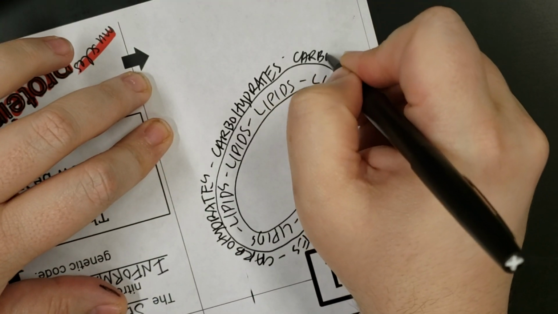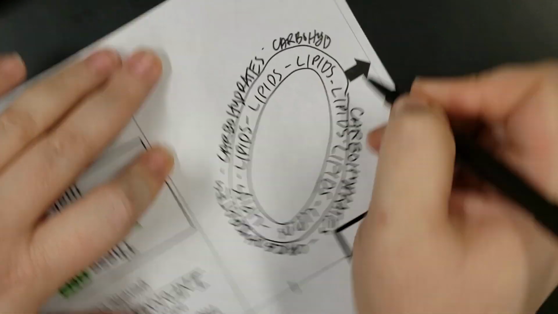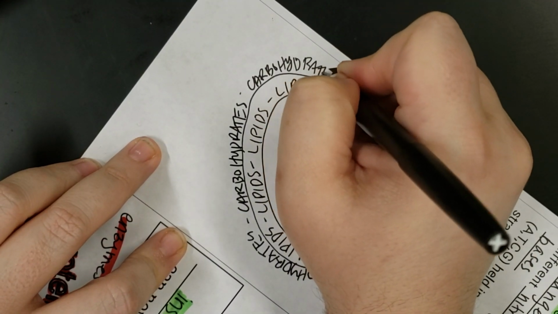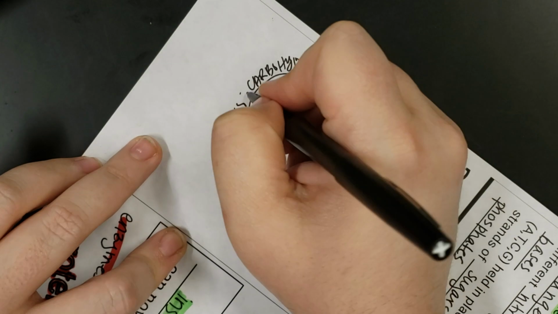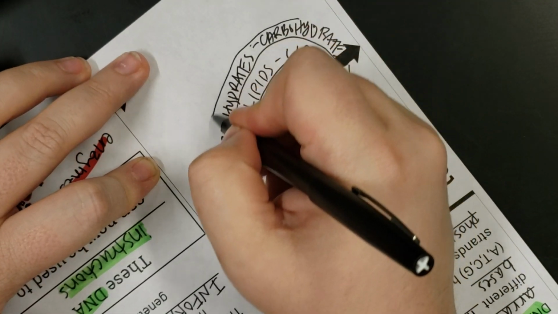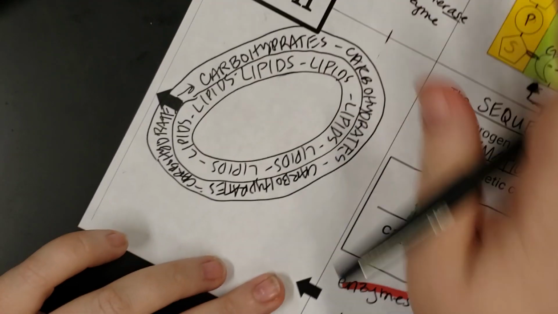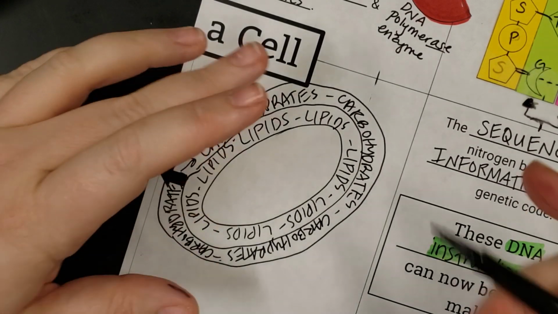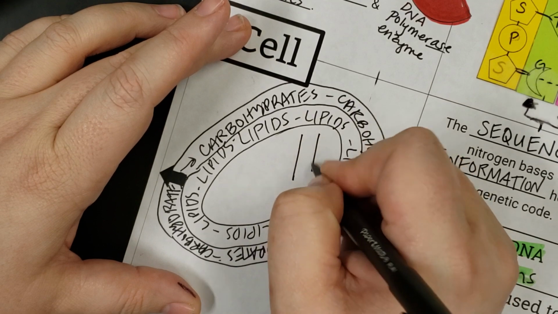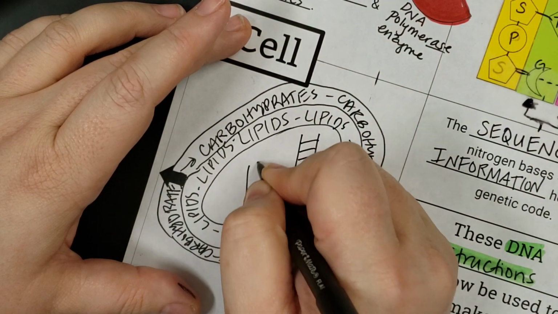Carbohydrates. All right, so now we know we have an inner wall or inner membrane of lipids. Our cell wall is made out of carbohydrates, and we just got done talking about nucleic acids, so now we're going to add some nucleic acids into the middle.